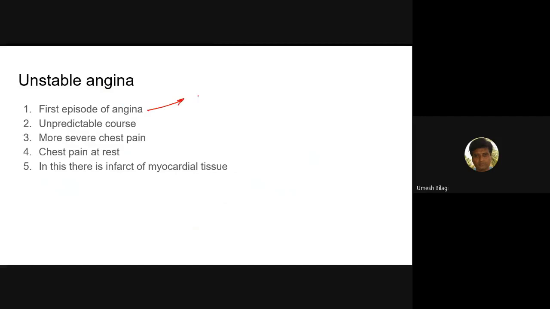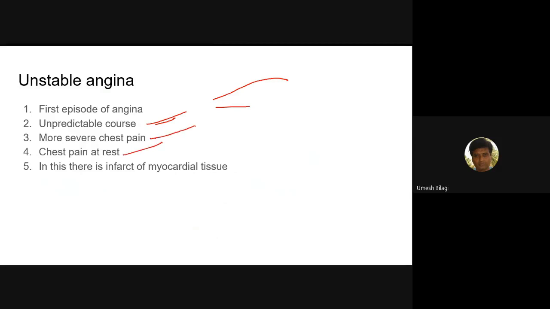It could be unstable angina, it could later on become a stable angina. So, the first event should be considered as unstable angina. Then unpredictable course, you don't know, it is varying. Last month the patient was having chest pain once a week, now it is coming 3 times a week or 4 times a week. At rest also he is having pain.